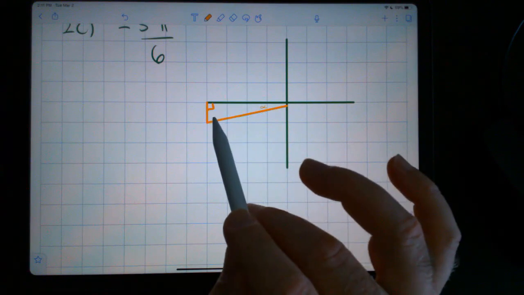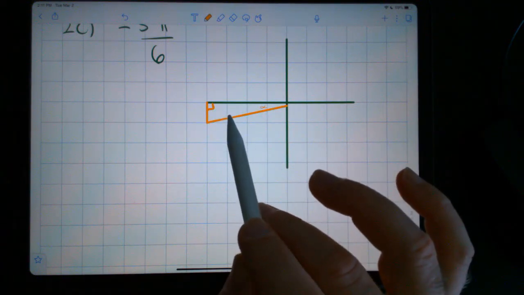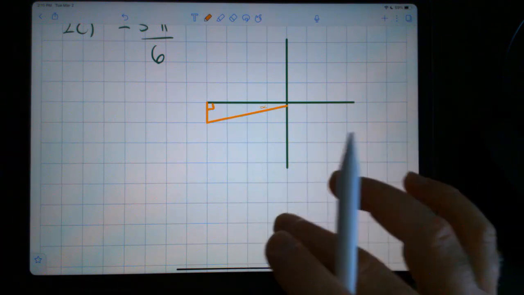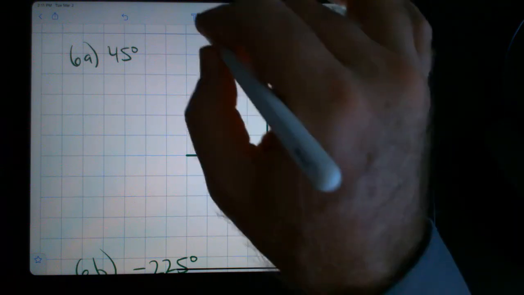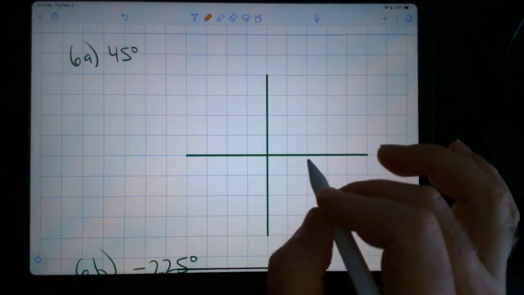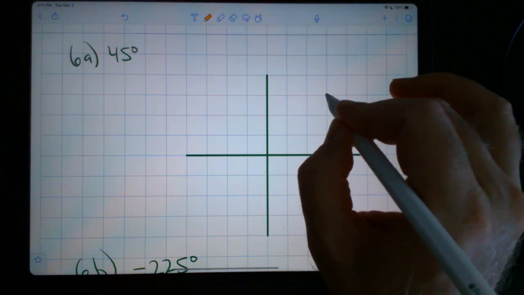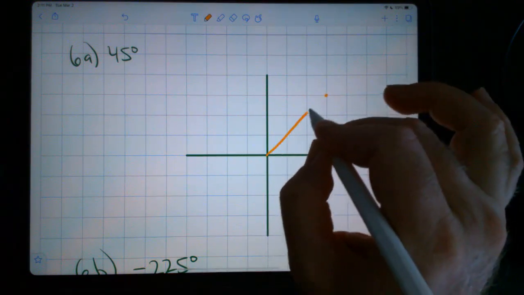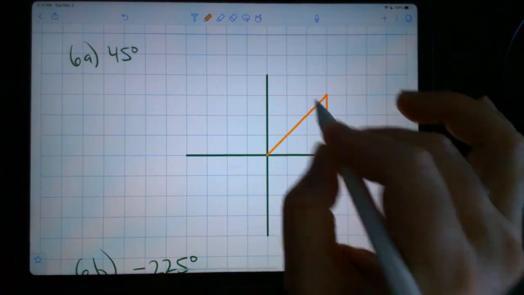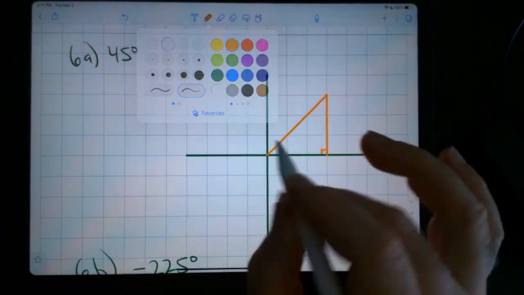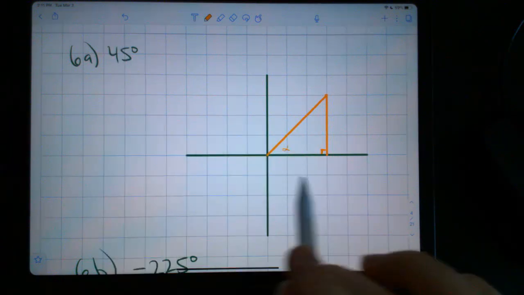That's because the sum of the interior angles of a triangle must sum to 180 degrees. There's your 45-degree angle. Okay.